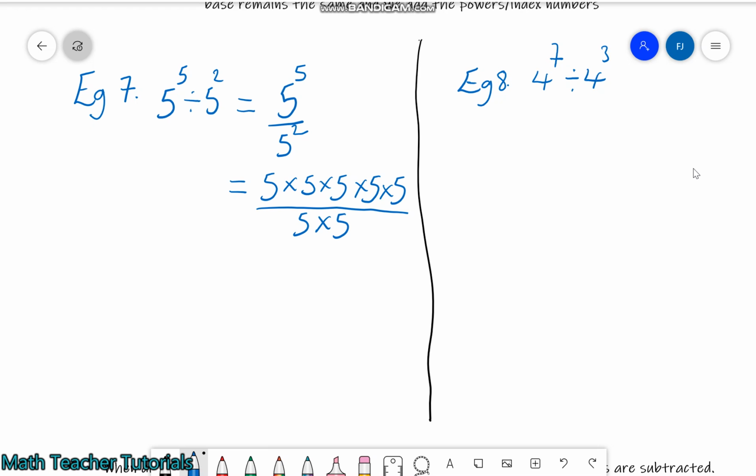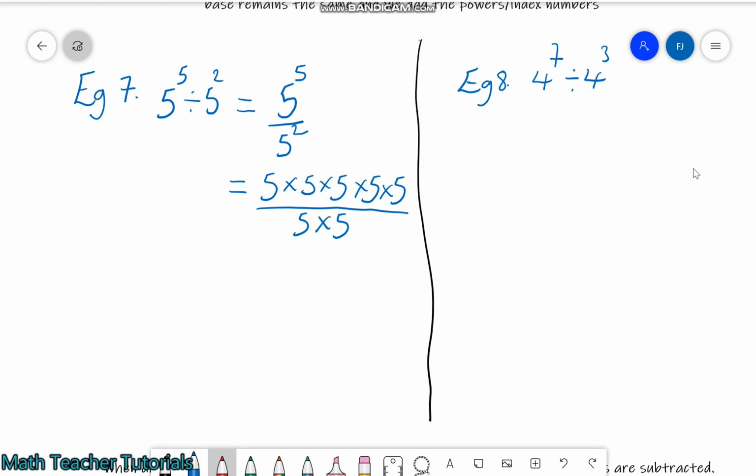Now, similarly to when we are simplifying a fraction, we can simplify this fractional expression of the exponential numbers by finding the highest common factor of the numerator and denominator, and dividing the numerator and the denominator by that factor.